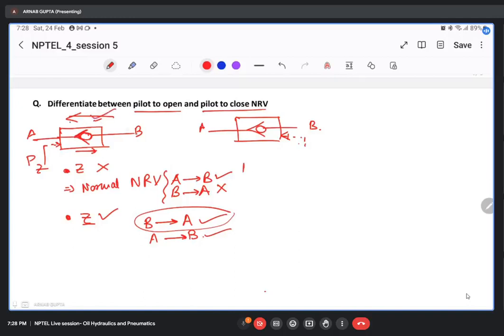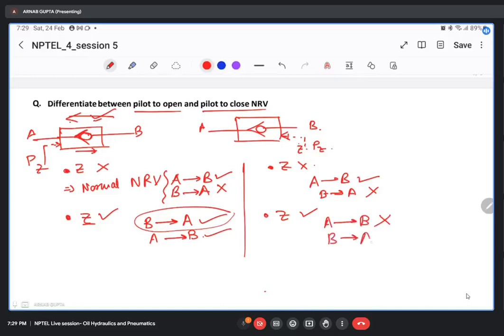Next is pilot to close. So here, if again there is no signal at Z, so this is my Z line, then it will act as a normal NRV, that is A to B is possible, B to A is not possible. But if there is a signal at Z, that is the value of PZ is sufficient, then A to B flow is restricted. B to A is anyhow restricted. That is always true.